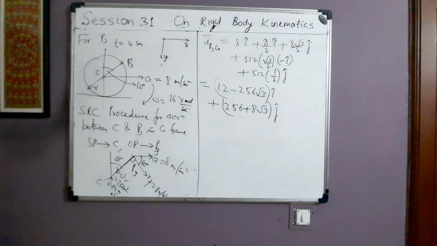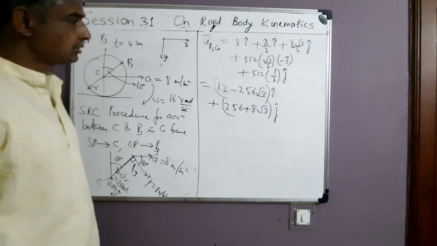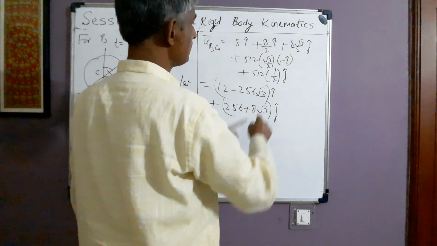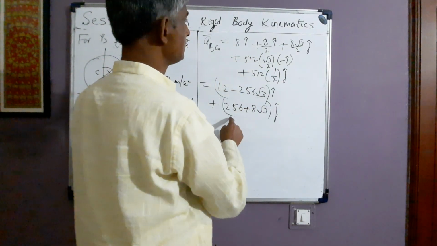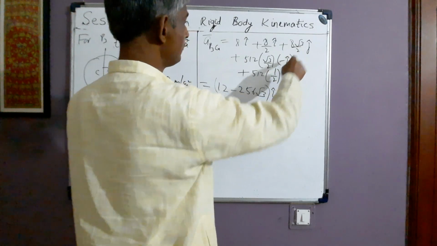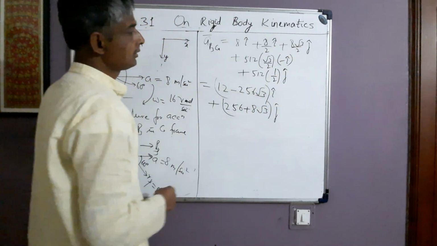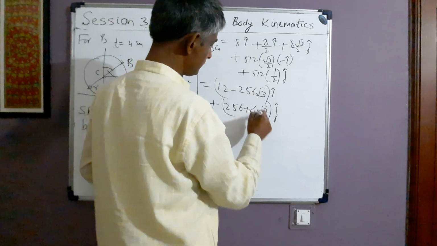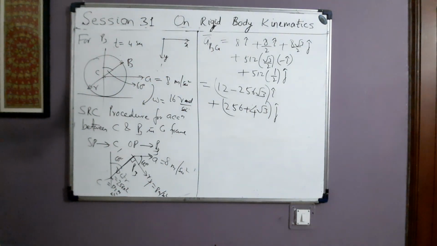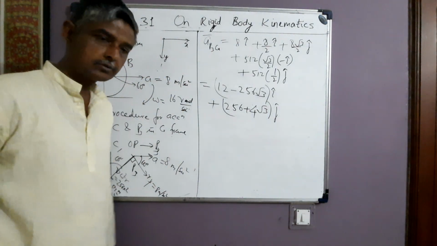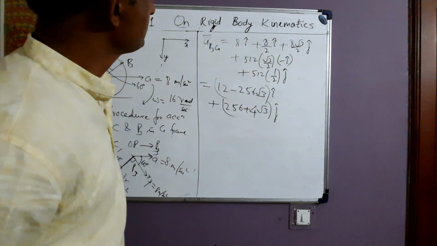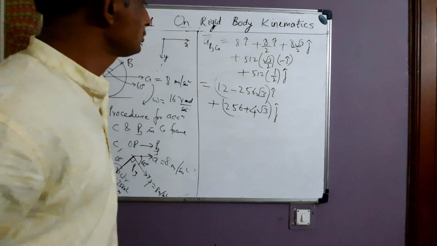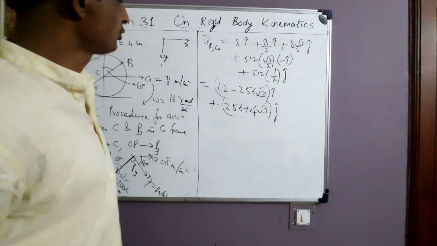This is AP3G. So AP3G becomes 4 plus 8, 12 i hat minus 256 root 3 i hat, plus 256, plus 4 root 3, sorry, 4 root 3 j hat. I hat becomes 8 plus 4, 12. 12 minus 256 root 3. And 256 plus 4 root 3 j hat.